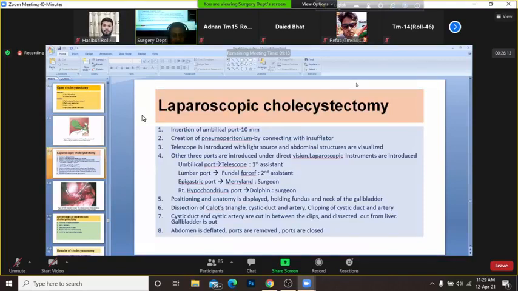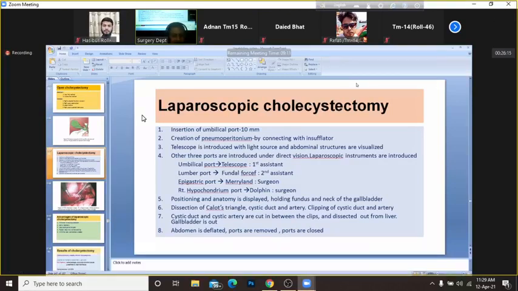And another procedure is laparoscopic cholecystectomy, that is the most convenient and commonly practiced. We will discuss the procedure later. So we can switch over to the other parts.